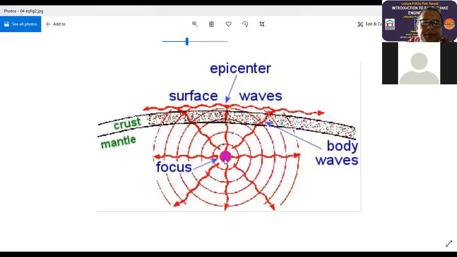So going round and everywhere the waves propagate. Some of them reach the surface and transfer to the form of surface waves. Okay, so body wave and surface wave.